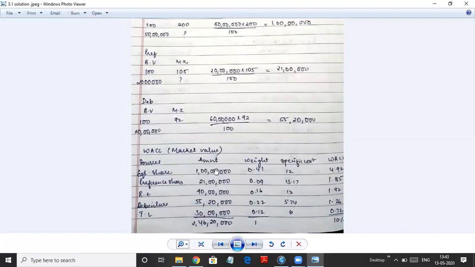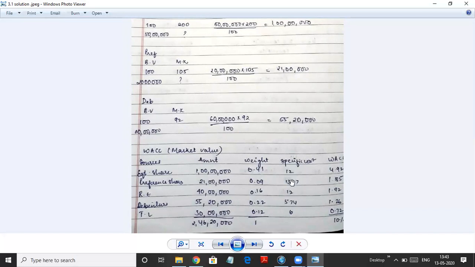We find the weightage, that is equity value 1 crore divided by 2 crore 46 lakh 20,000. We get it as 0.41. Same way, the other values divided by total, and this is how you get the weightages. You can take more than 2 digits, as I had told you. If you take more than 2 digits after the decimal, the answer will change a little. Specific cost is the cost that we found out in the working notes which we've done previously.